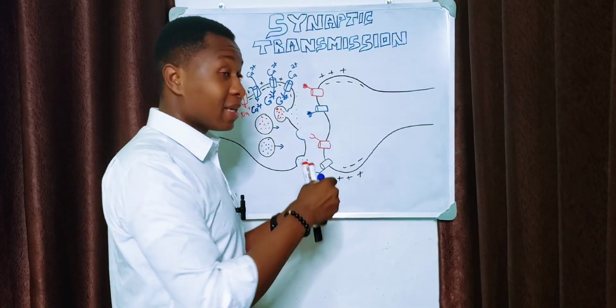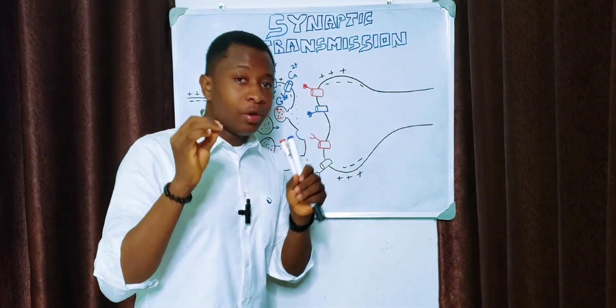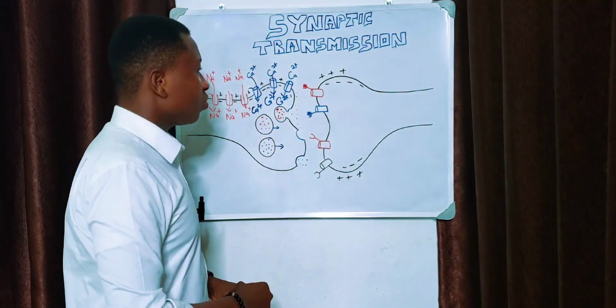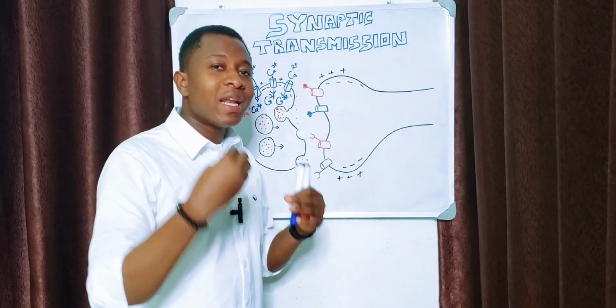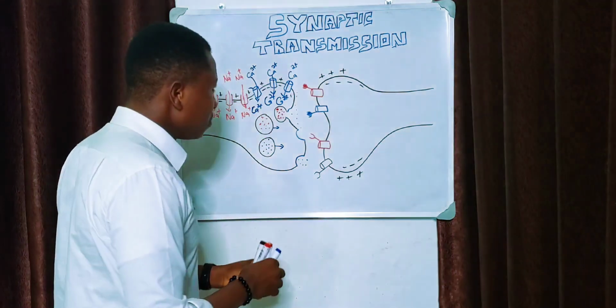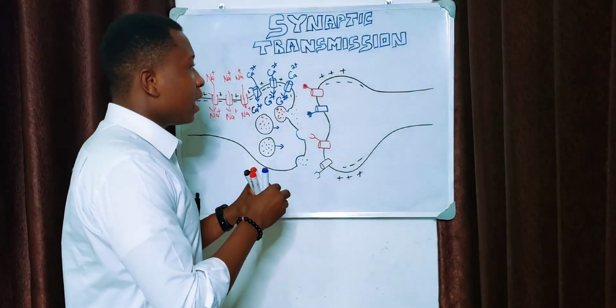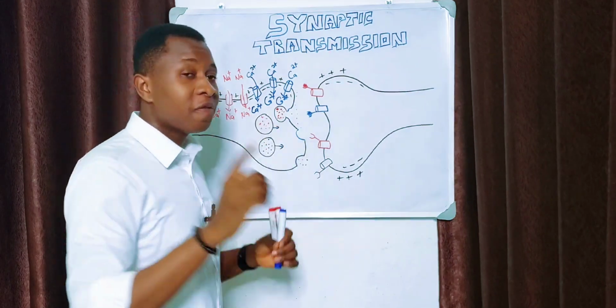And remember, I said we have both inhibitory and excitatory neurotransmitters. The excitatory neurotransmitters are neurotransmitters that will cause an action potential to occur. That means the excitatory neurotransmitters are always the positive ions.